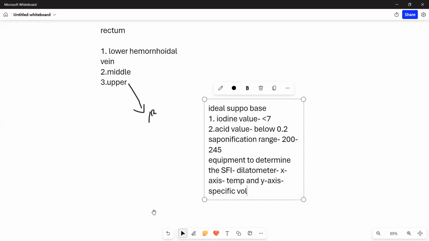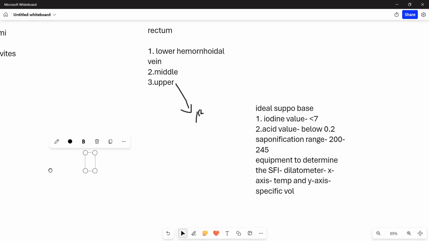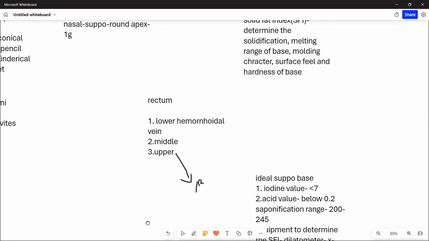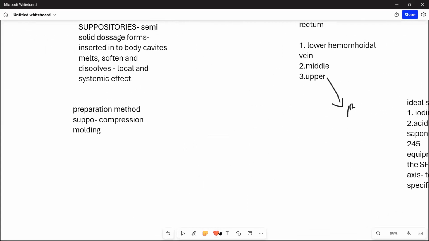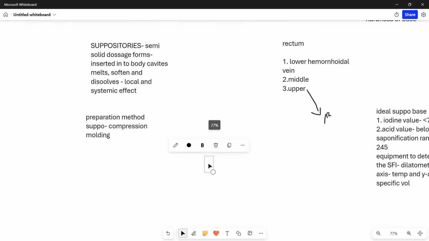So next, the different bases which are used for the suppositories. The first one is the oleaginous base, which includes cocoa butter. The another name of cocoa butter is, come on guys, theobroma oil.